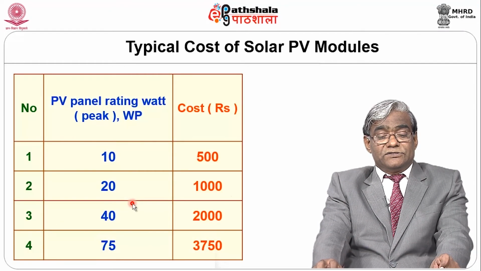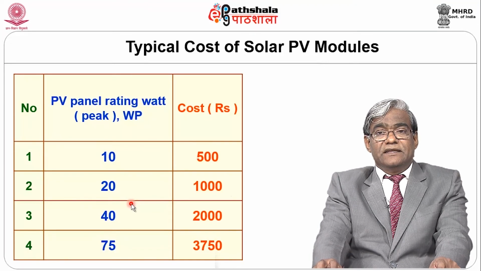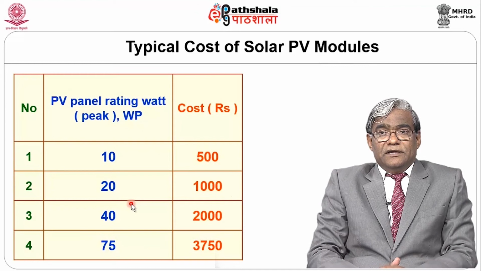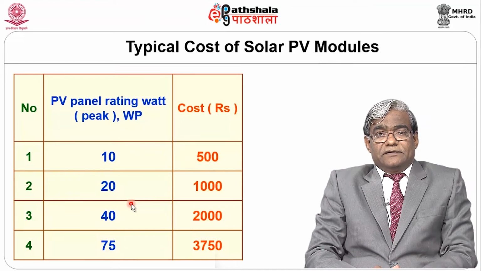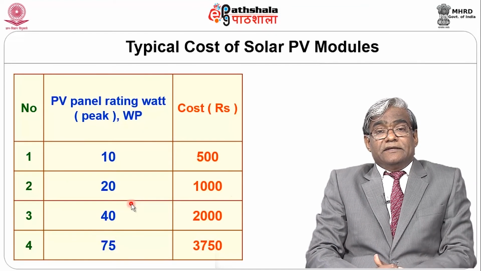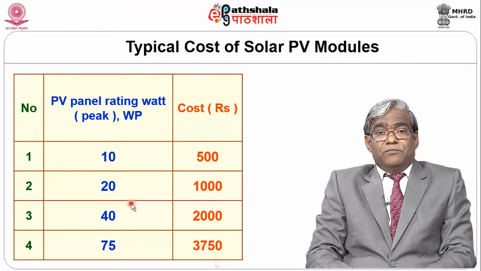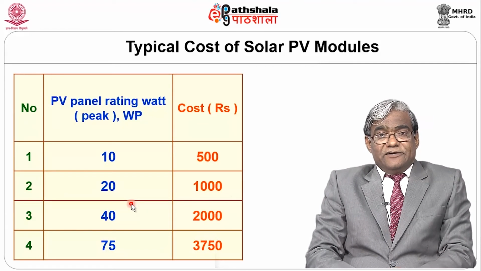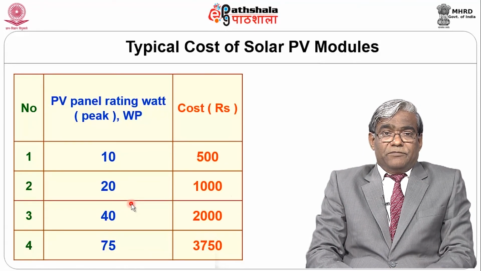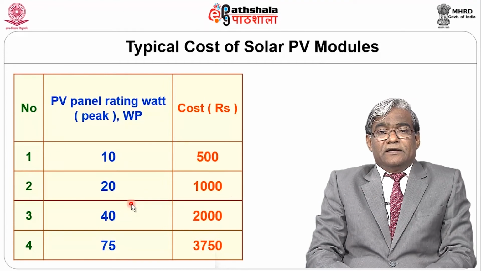And so far we have seen about solar photovoltaic dependencies, and now we are going to see about the design of the solar photovoltaic system. Before that, we can look at the cost.